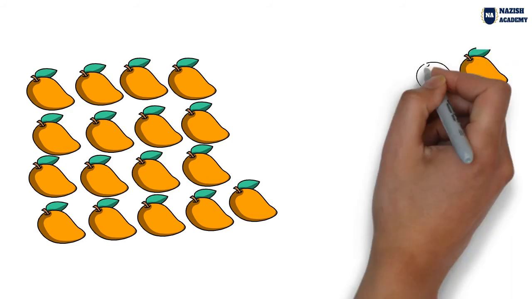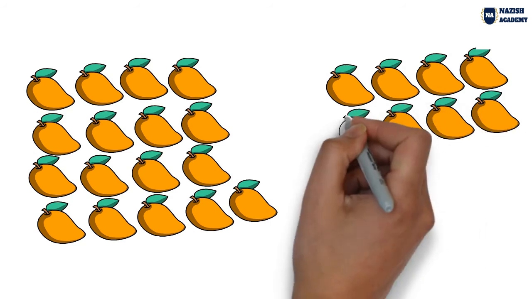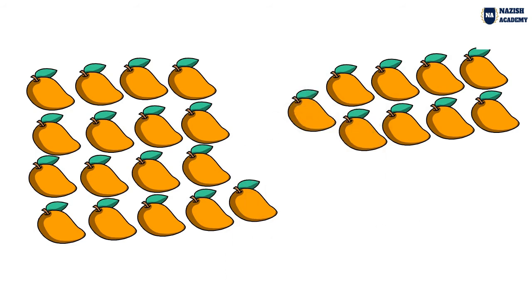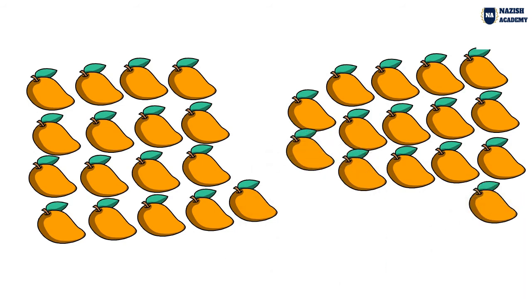Left side 17 mangoes, and right side 1, 2, 3, 4, 5, 6, 7, 8, 9, 10, 11, 12, 13, 14, 15, 16, 17, 18 and 19.